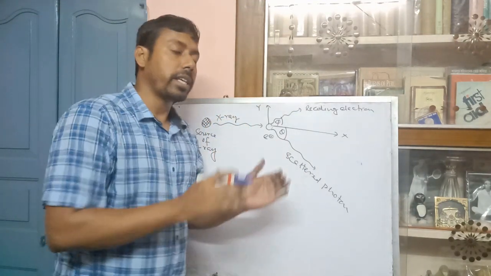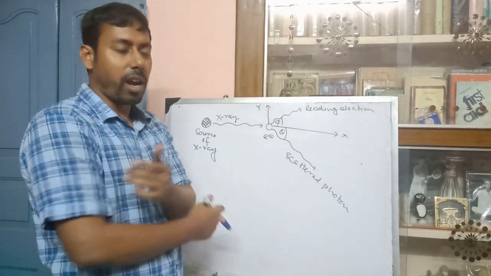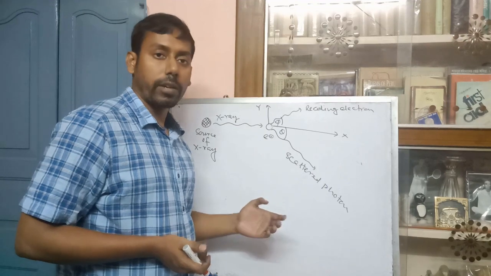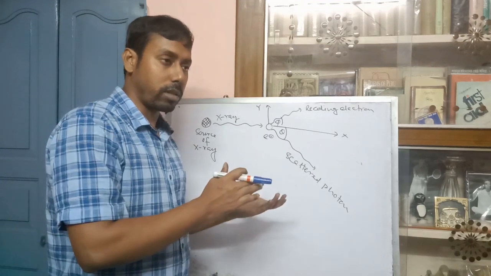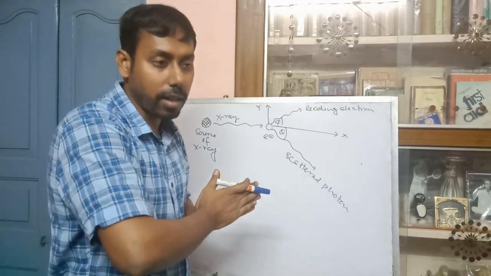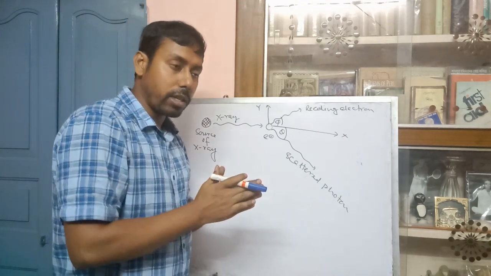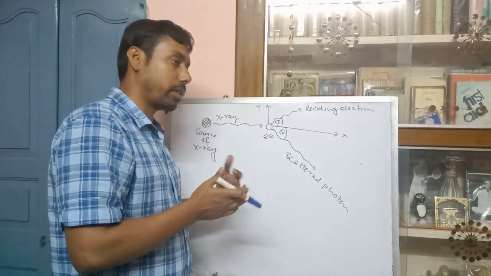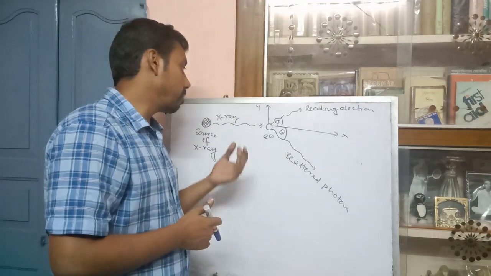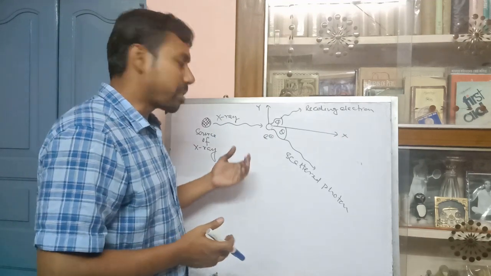Now in the year 1923, after solving all the problems of the photoelectric effect and black body radiation, where Einstein and Planck already established that light is not only a wave, it's also a particle, another problem was created.